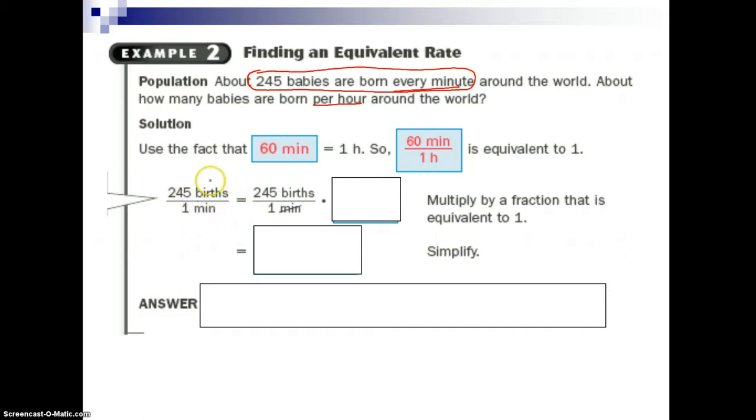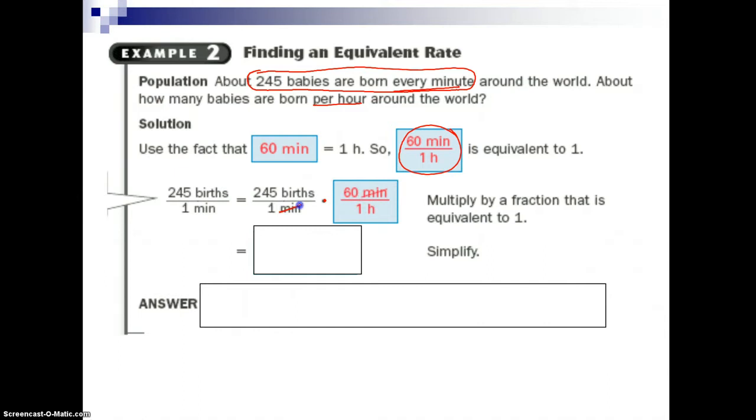Take this rate and we're going to multiply it by our equivalent rate. It's actually called a conversion rate. So we're going to convert minutes into hours. That's this. 60 minutes in 1 hour.